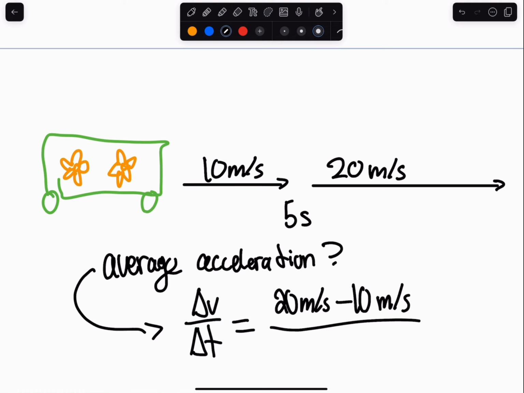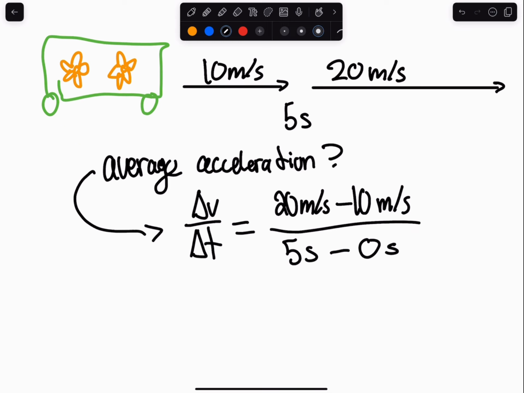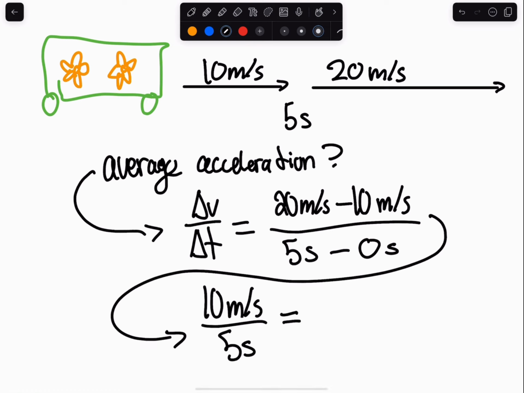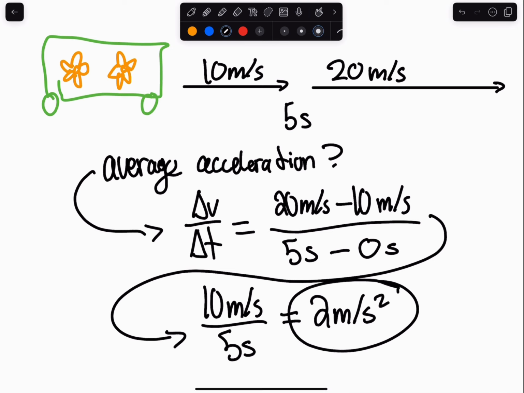Delta T is change in time, and treating the first moment that Fred starts speeding up as time equals 0, delta T is going to be 5 seconds minus 0 seconds. This simplifies into 10 meters per second over 5 seconds, which then turns into 2 meters per second squared. So our average acceleration is 2 meters per second squared.